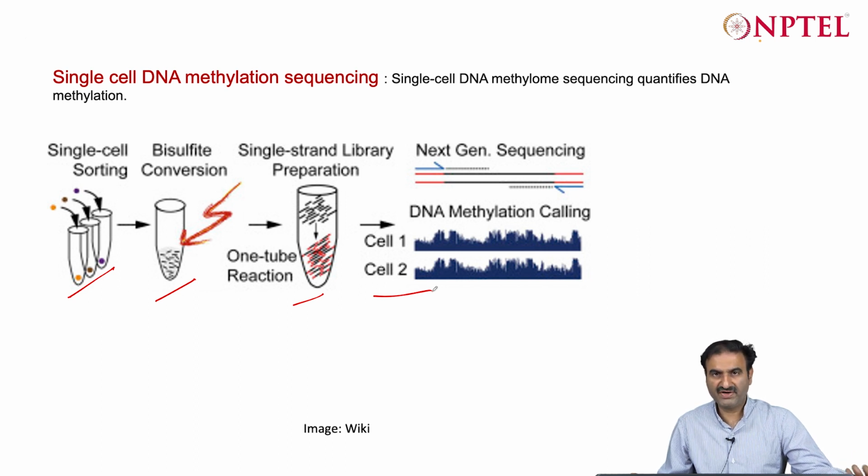Now whichever you find are actually the methylated ones, because the normal C's you have already converted into T's. So single cell genomics here can tell how the epigenetic differences or modifications could be different in different cell types, or even in a tissue there could be cells which may have different levels of epigenetic modifications.